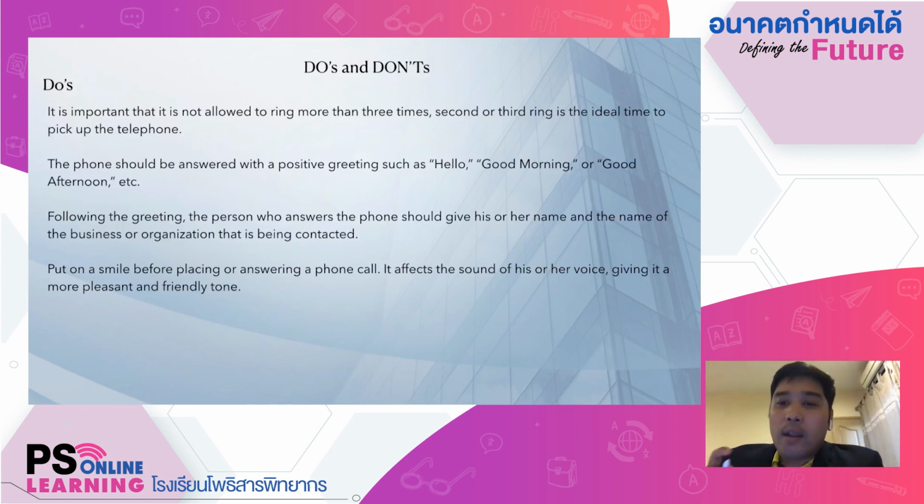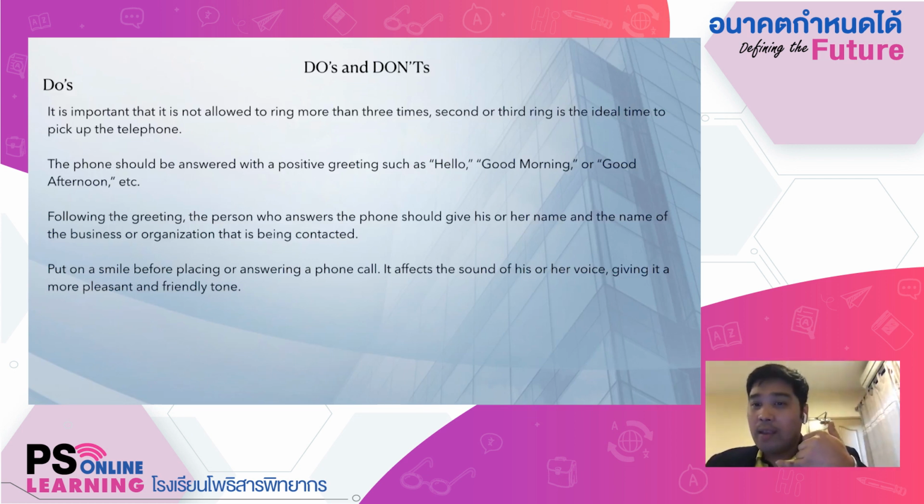Okay, third example, third rule, third do. Following the greeting, a person who answers the phone should give his or her name and the name of the business or the organization, the company, that is being contacted. Okay. For example, pick up the phone.